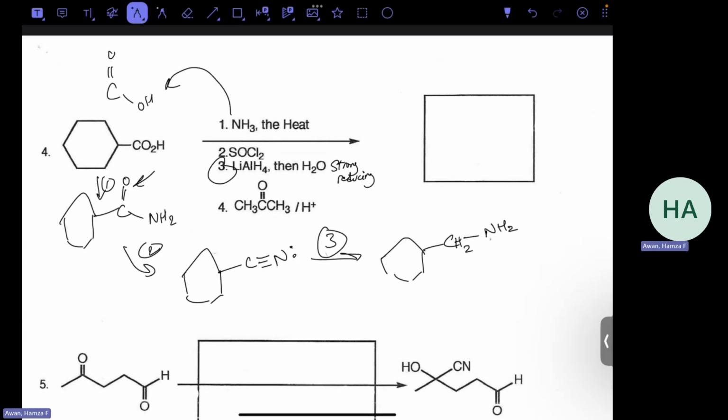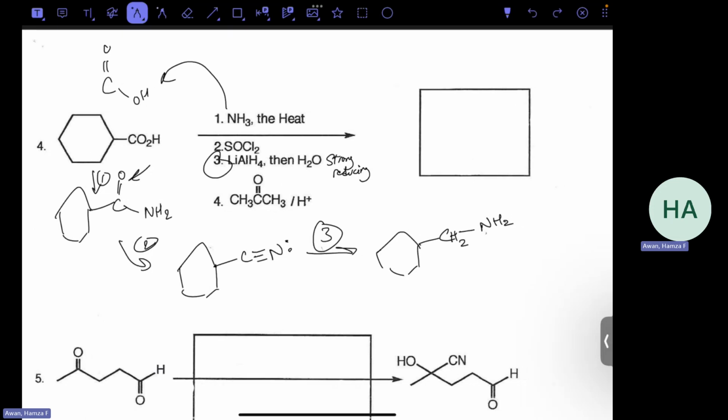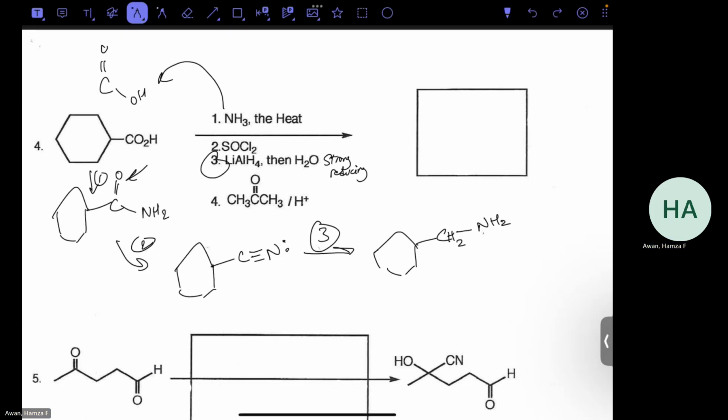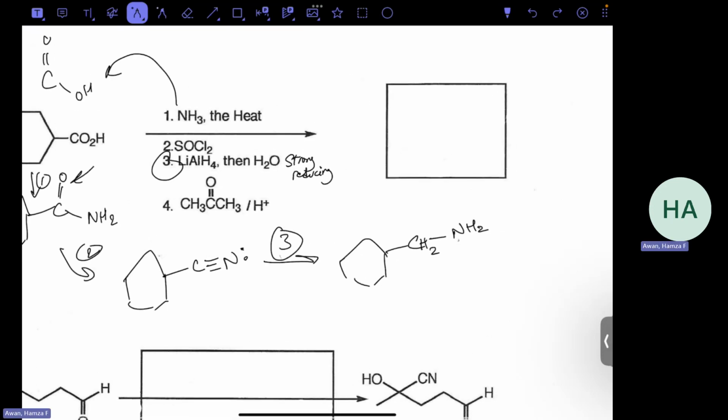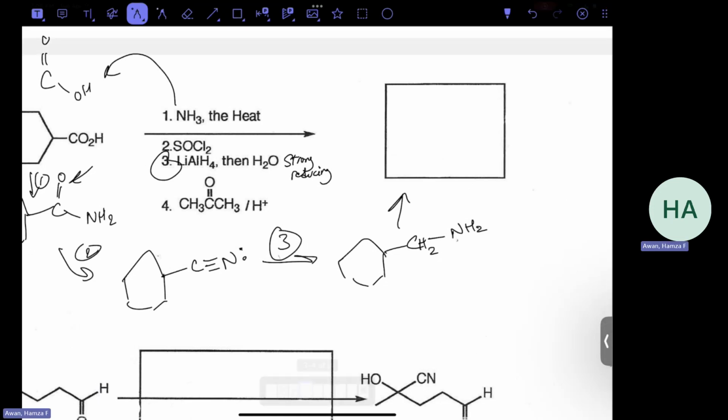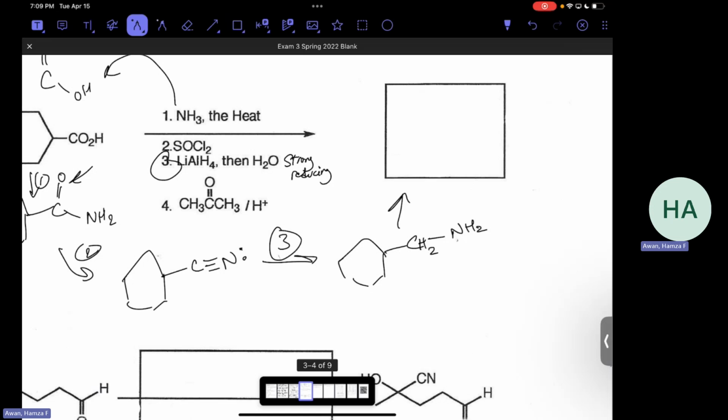And then lastly, we have a ketone in acidic conditions. It's going to create the imine. Sorry, this is going to create the imine. So the way it's going to work is essentially this NH2 is going to get this double bond attached to it.